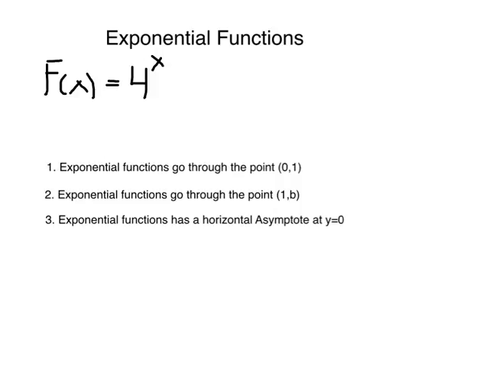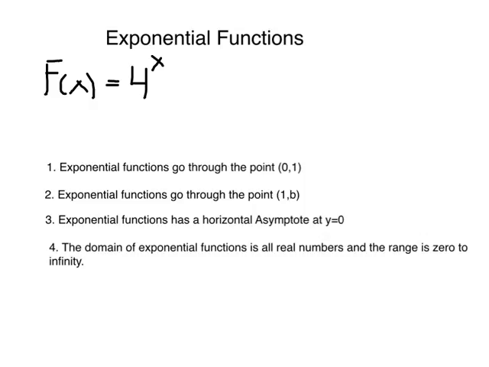A negative does not make the exponential function negative. It makes it a fraction. If I plugged in negative 2, it'd be 1/16, not negative 16. Keeping that in mind, I'm going to keep making my fraction smaller and smaller. It's going to approach y equals 0, but never cross the x-axis.